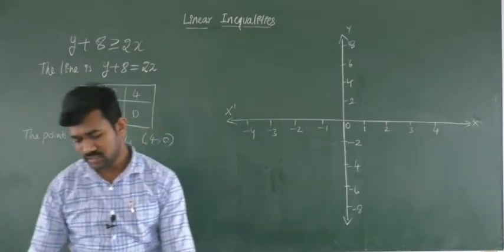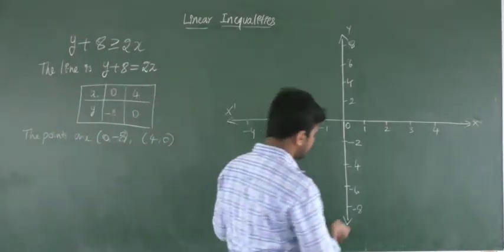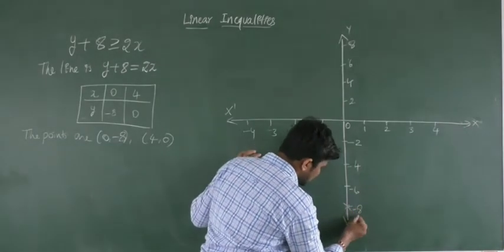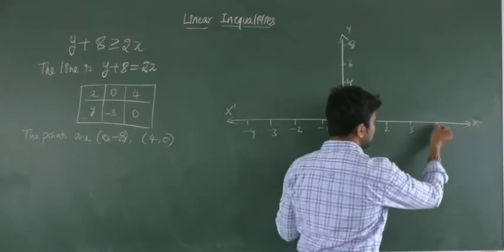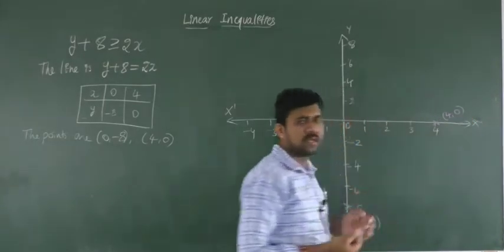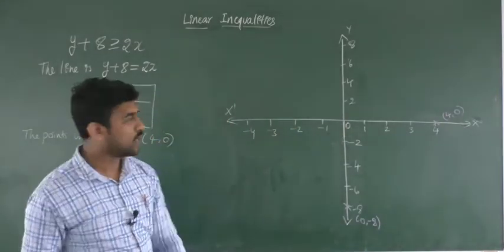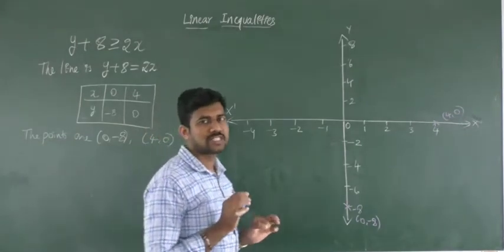Now mark the points. We have to mark the point 0 comma minus 8. So this point is 0 comma minus 8. And 4 comma 0 is which point? This point is 4 comma 0. Now observe, the given inequation is what? Slack inequation or slack inequality.